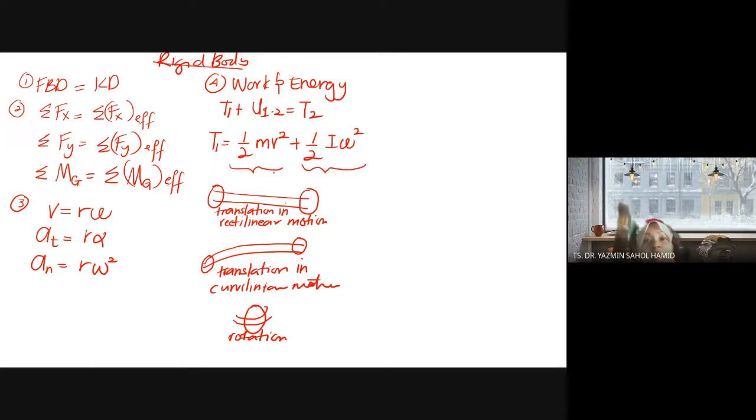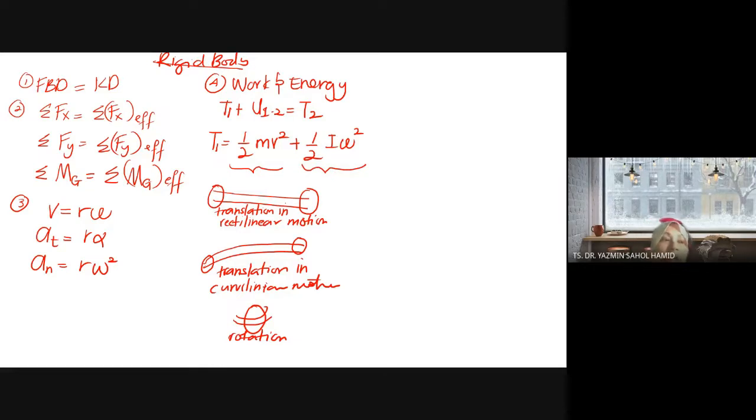In the formula for kinetic energy, you have to look at the question whether you consider both, or just either one, or only 1 over 2 I omega squared. It depends on the question. You decide.